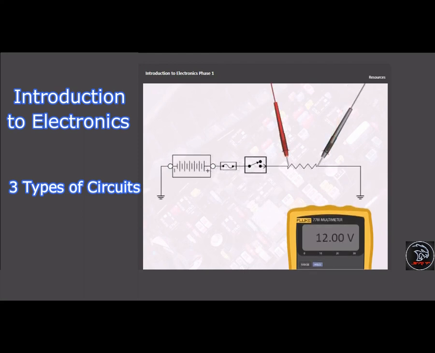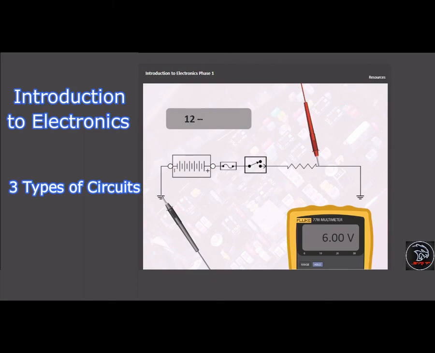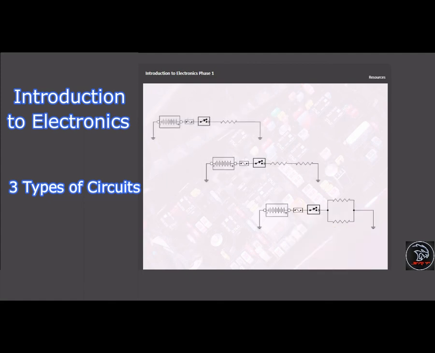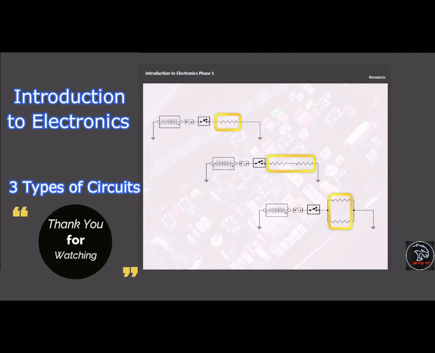While voltage drop is usually measured, it can also be calculated when performing closed circuit testing. For example, if 12 volts is measured before the load and 6 volts is measured after the load, the voltage drop across the load is 6 volts. The amount of voltage drop depends on the circuit type and the number of resistors or loads in the circuit.